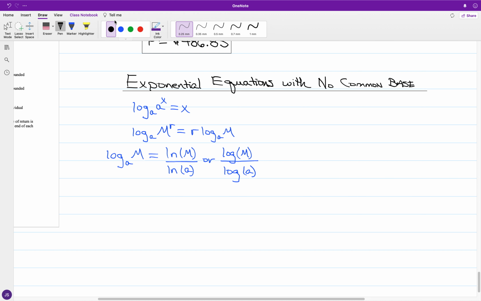So for exponential equations that have no common base, let's say we are solving for x, starting with the variable on one side of the equation. Say we have 4 to the x is equal to 39.